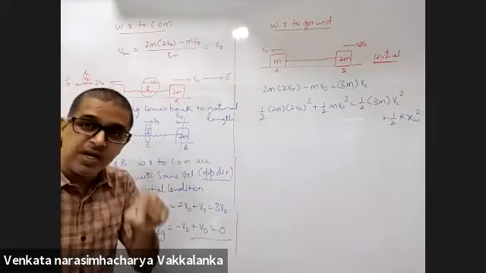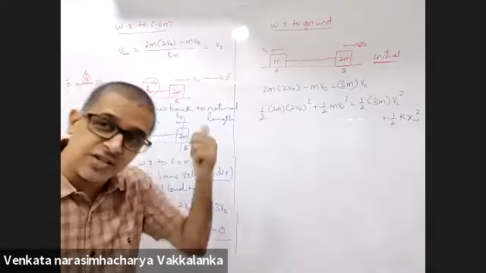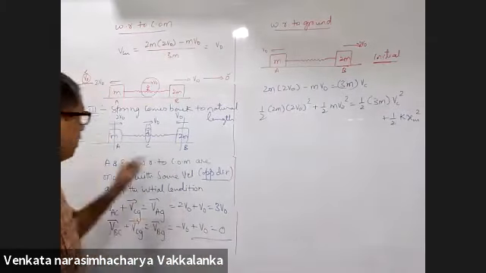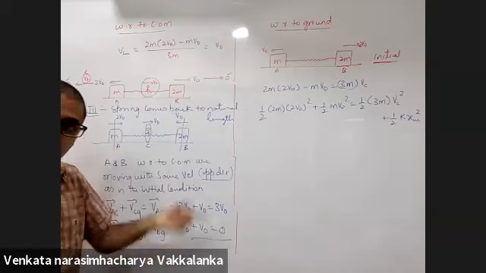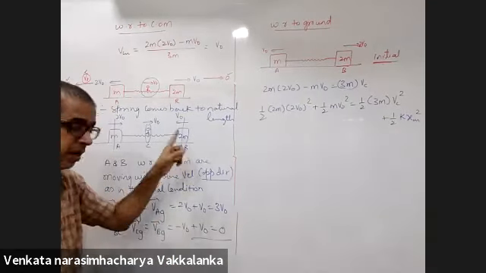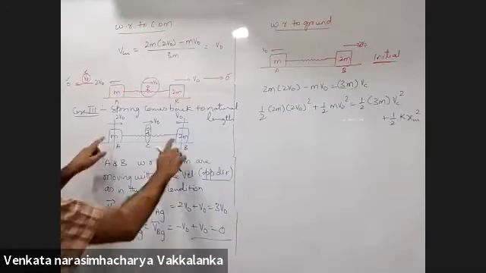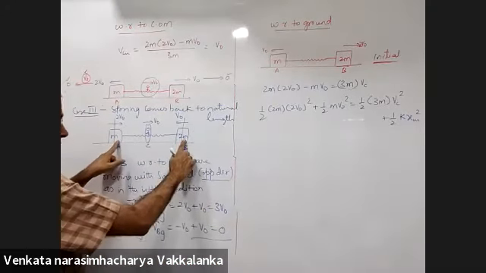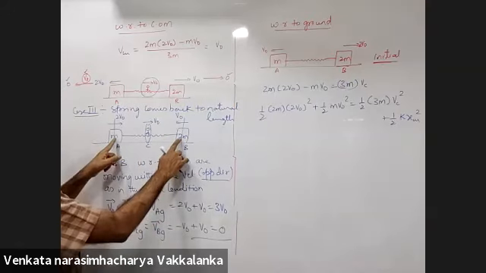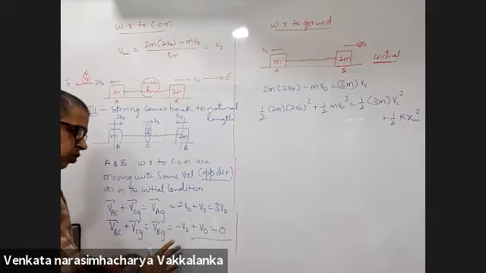Here it is a mere coincidence that two cases merge into one, case 3 and case 4. In case 4 I should deal with B coming to rest, but it came into case 3. It is a mere coincidence and game of numbers. I found out the velocities of A and B when the spring comes to the natural length.